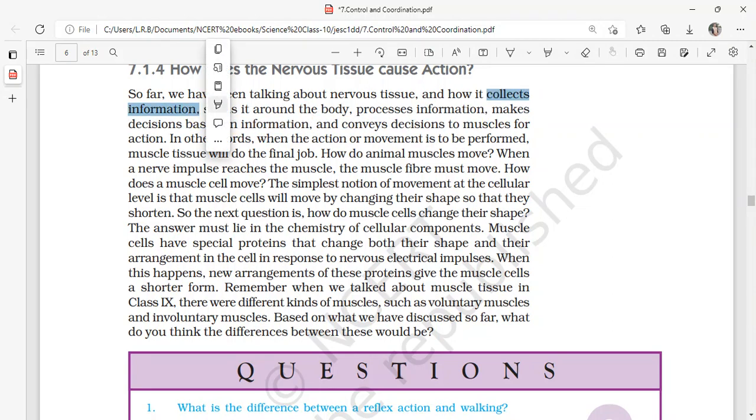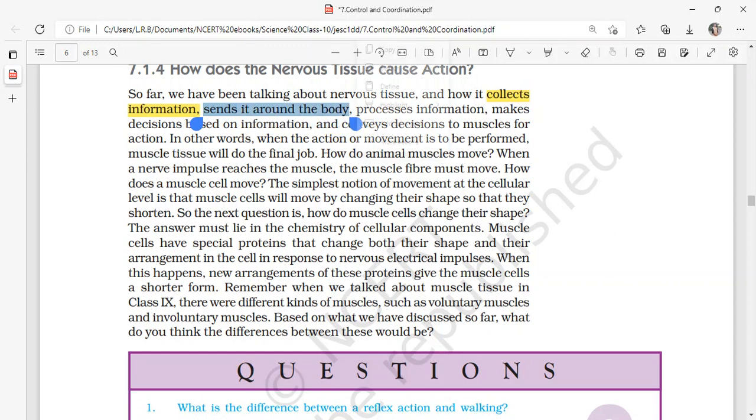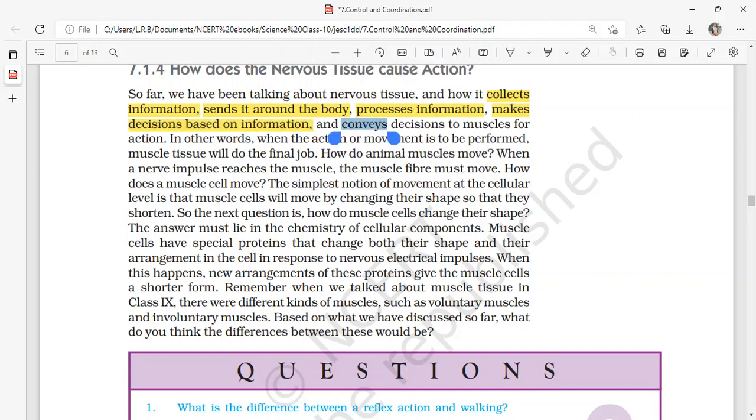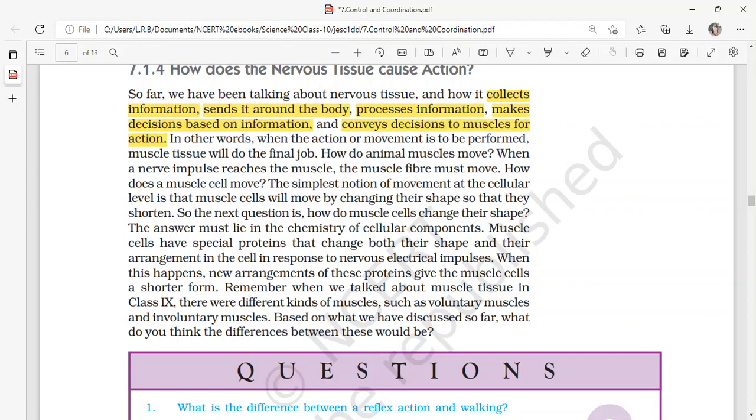Then it sends information around the body. Then it processes information, what action to be taken or what response has to be given. It makes decisions based on the information, and conveys the decisions to the muscles for action, or to the effector region, isn't it? So these are the various functions done by the nervous system in our body.